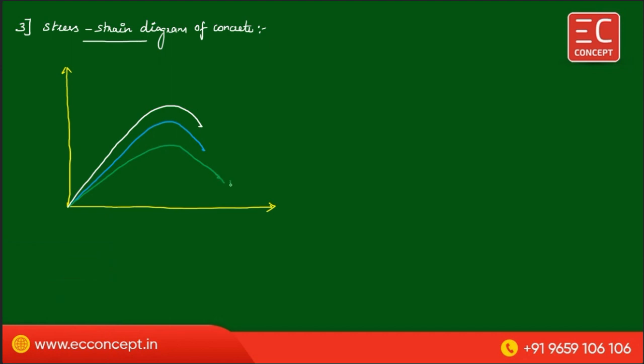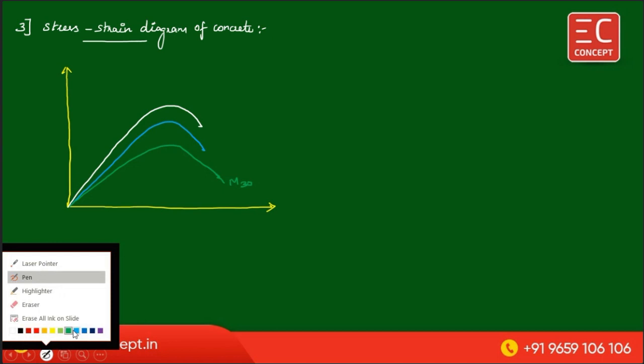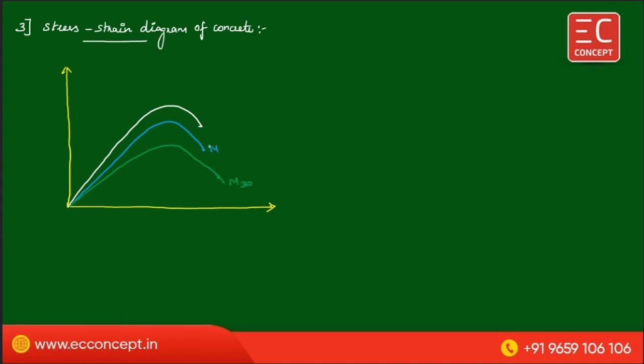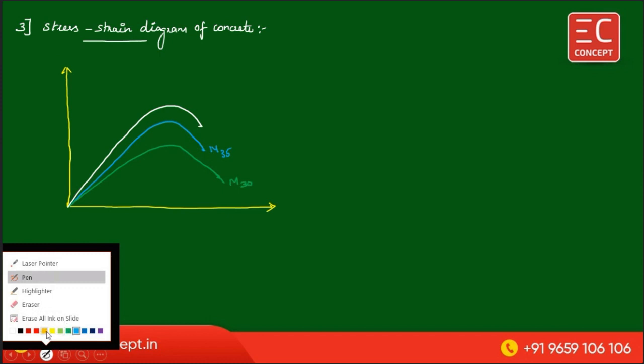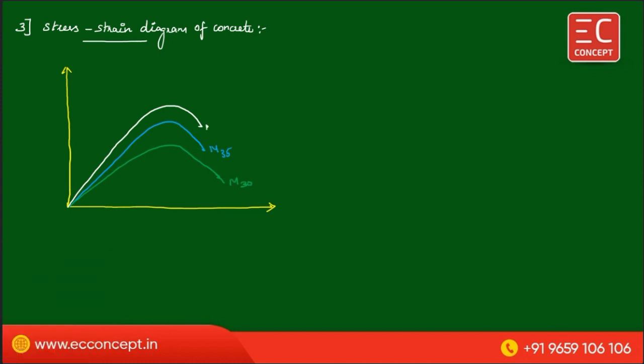This is the curve for M30, for example. The next one is M35, and the next one we can take is M50.